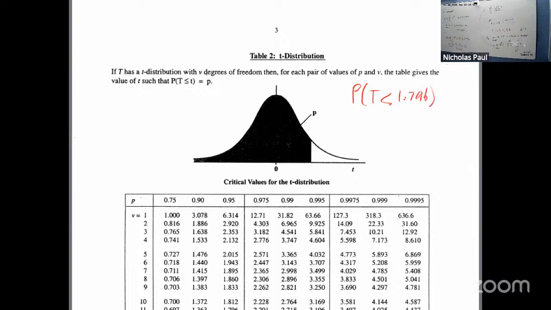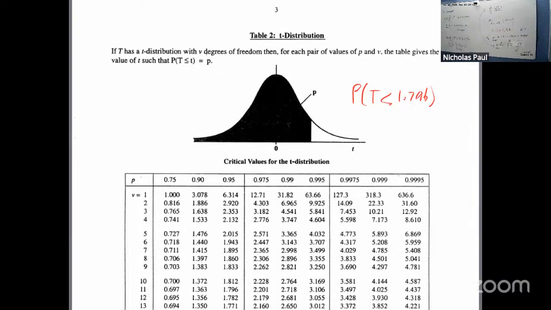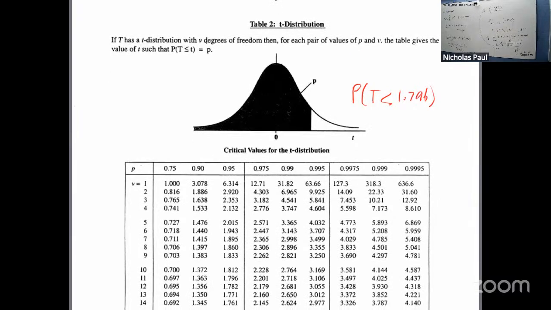What's the probability of t is less than 1.796, at 11 degrees of freedom?